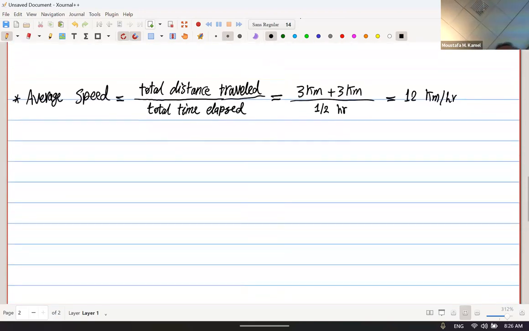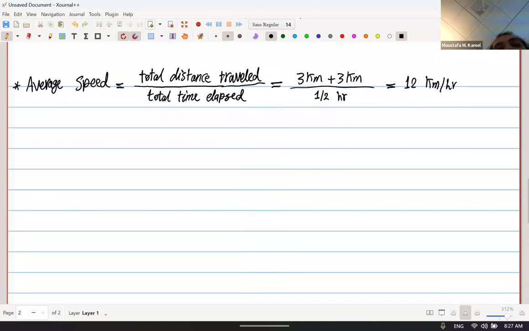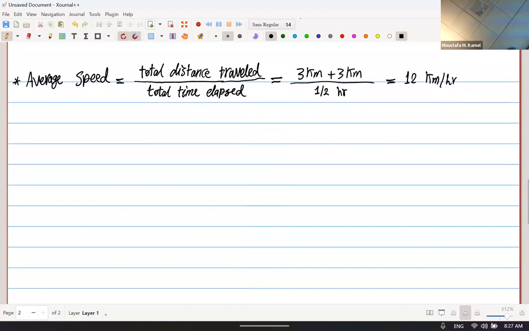Okay. It still doesn't tell you much about what happened in between, because if you waited for a long time in the store itself, not moving or doing anything, you will get less and less average velocity, even though you covered the actual distance in less time, but the average speed doesn't take that into account.